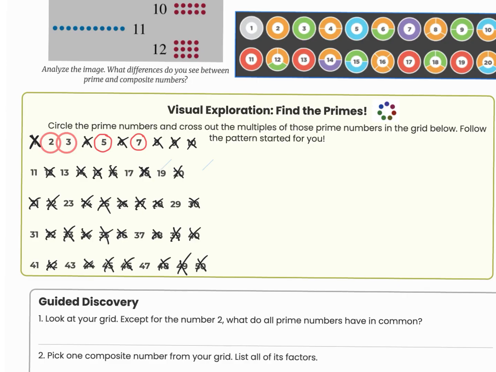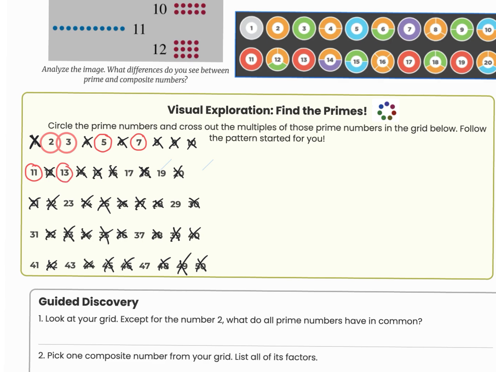So our next number that's prime is 11. So 11, and we look at 22, 33, 44, and that's it. So our next number is 13.